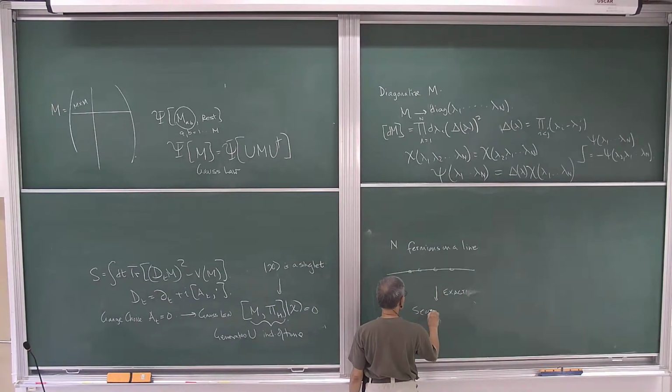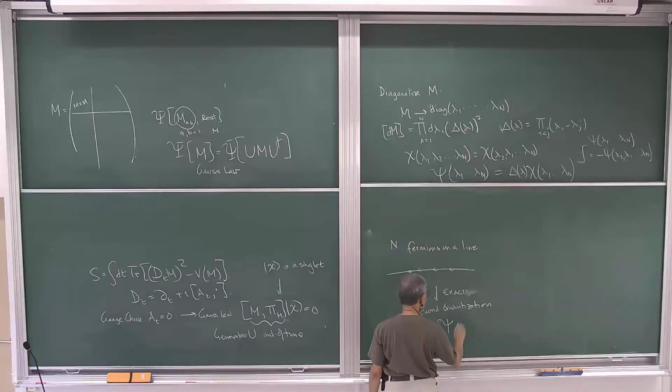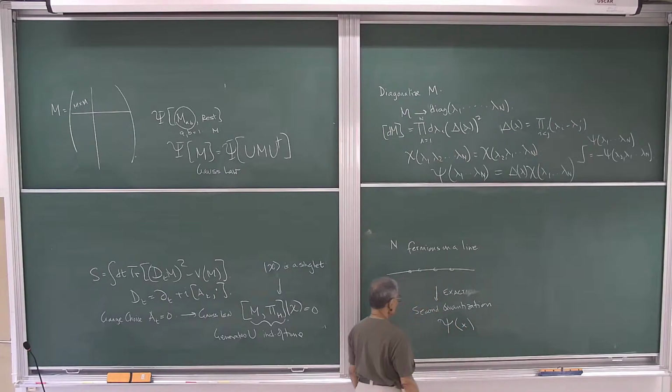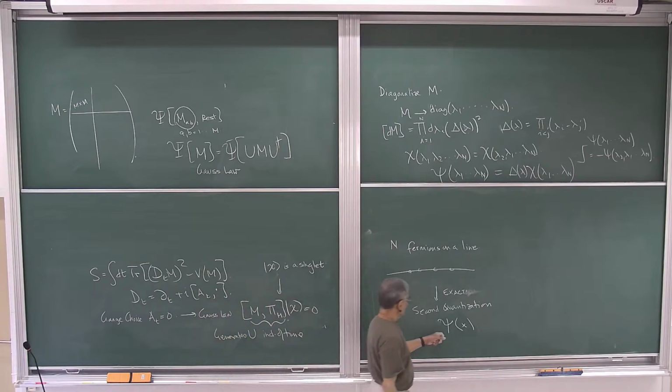with the second quantization of this. So what does second quantization do? It introduces a field, psi of x. I'm just using the Schrödinger picture. I don't know why it is called second quantization, because the same psi was used.